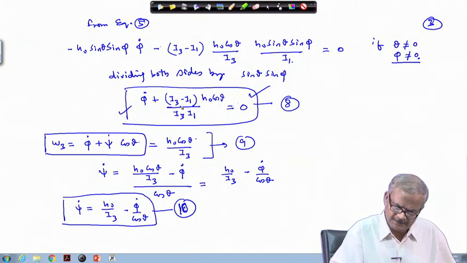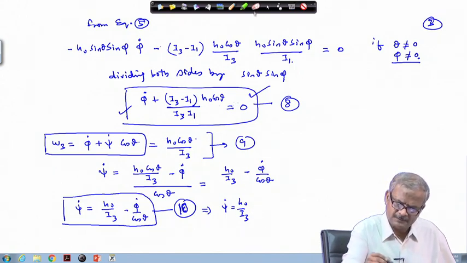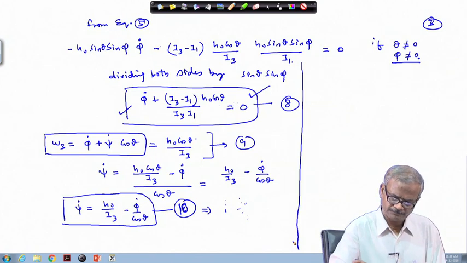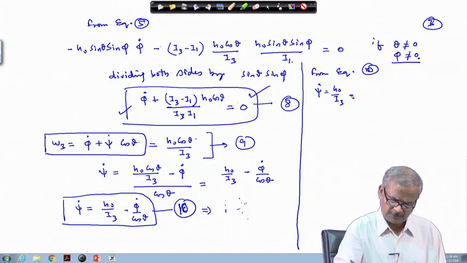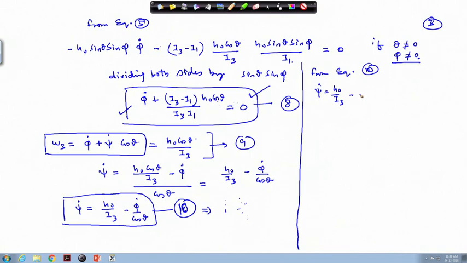From this equation, psi dot equal to H 0 divided by I 3, and from equation 10, phi dot by cos theta from this place will come with a minus sign.